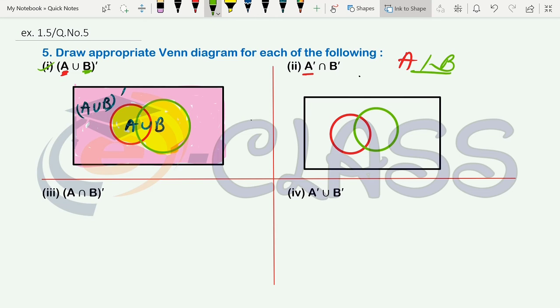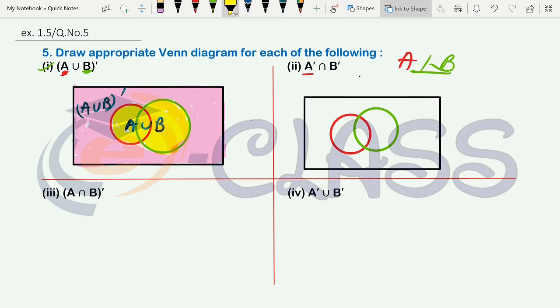Now A complement intersection B complement. The remaining area except A is A complement, and the remaining area except B is B complement, and you have to identify the intersection area, that is, which is common.